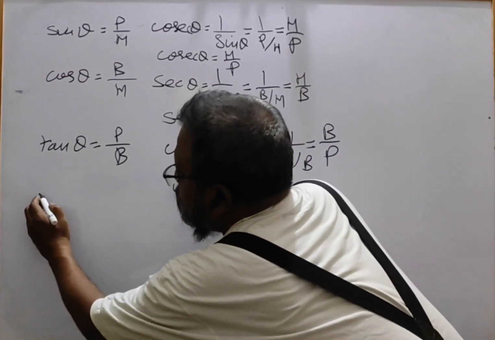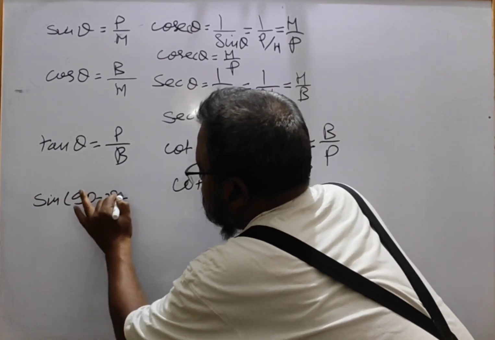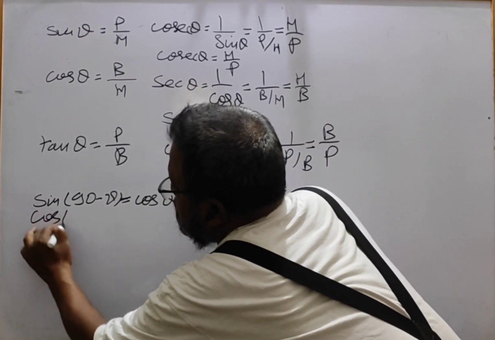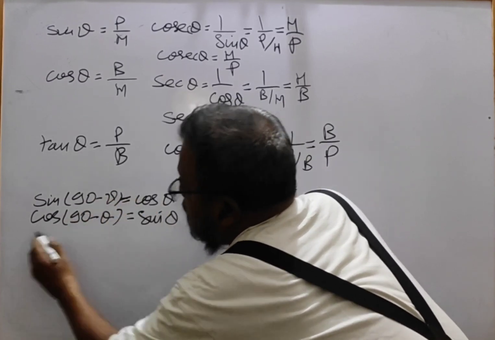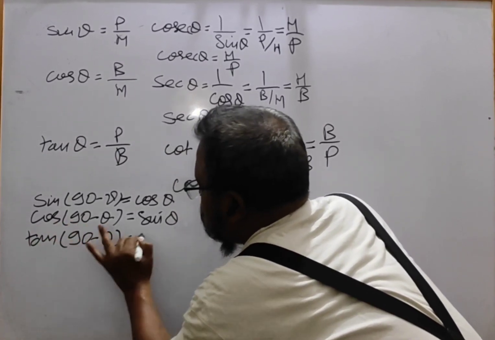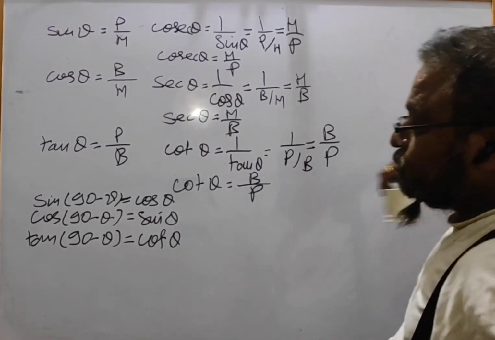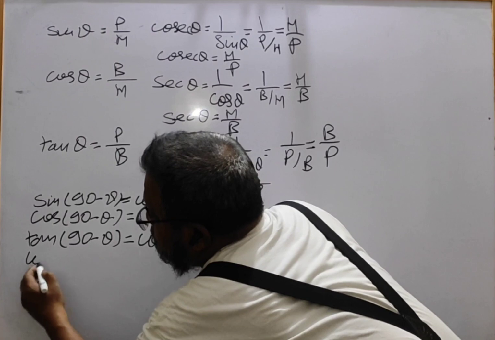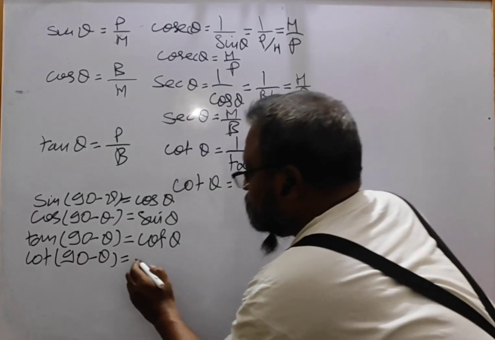And I told you, sine 90 minus theta is equal to cos theta, cos 90 minus theta is equal to sine theta, tan 90 minus theta is equal to cot theta, or cot 90 minus theta is equal to tan theta.